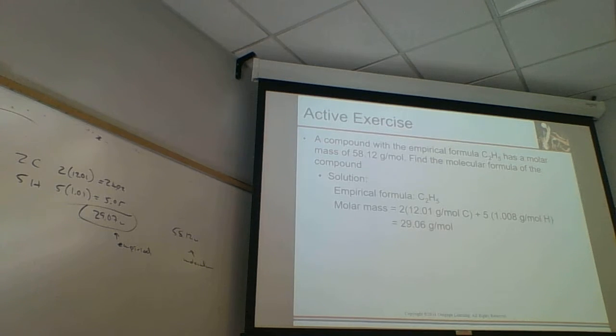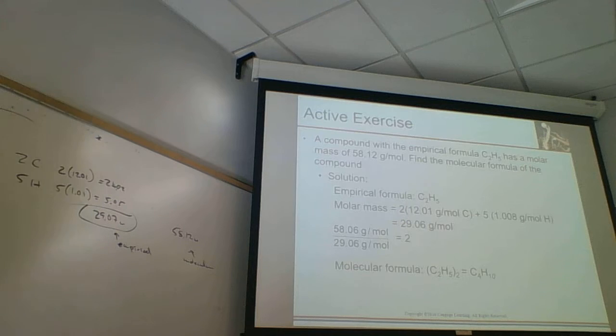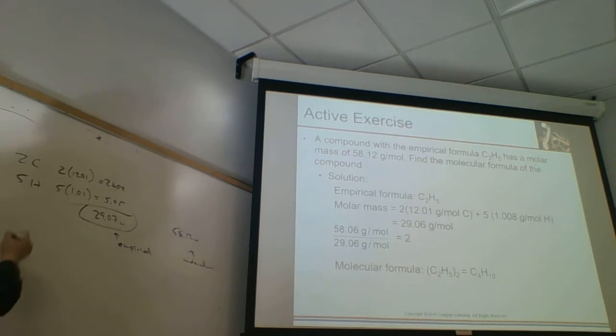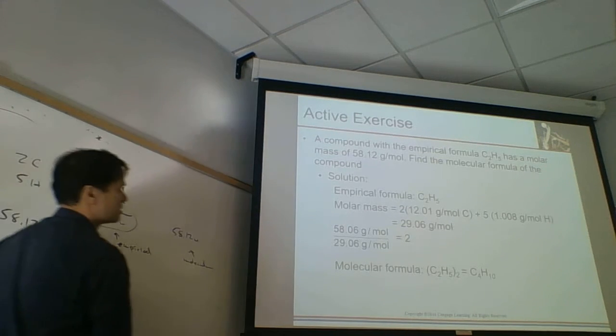What they're going to do is the division. So they do the division here, 58.06 divided by 29.06. I didn't do this very precisely. I just got a ballpark because it's got to be a whole number here. Let's just do this one more precisely. I got 58.12. There's some kind of mistake here.